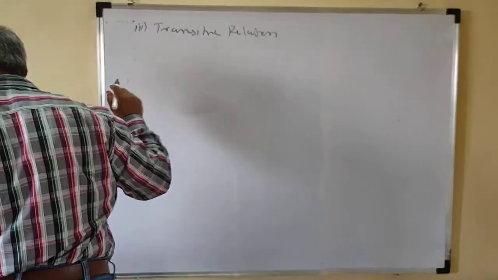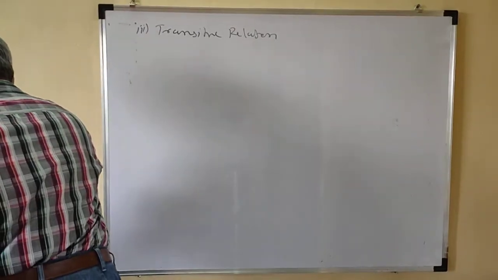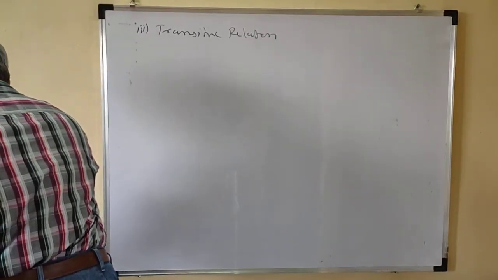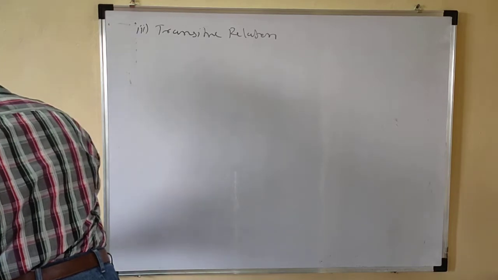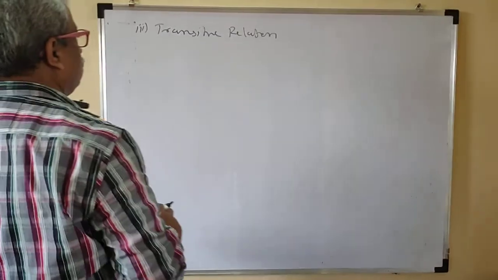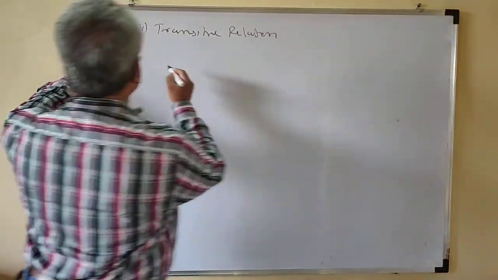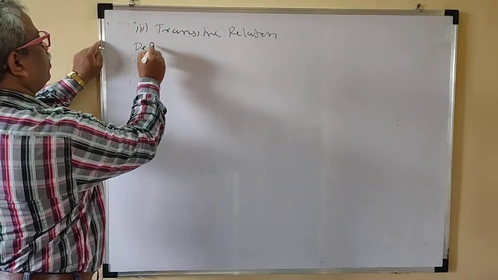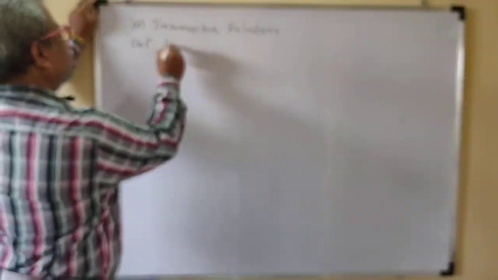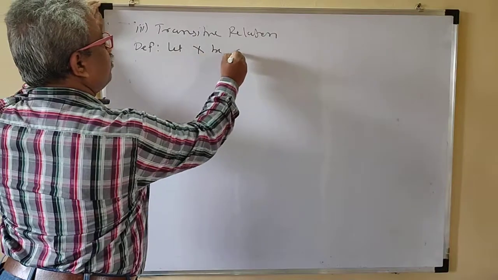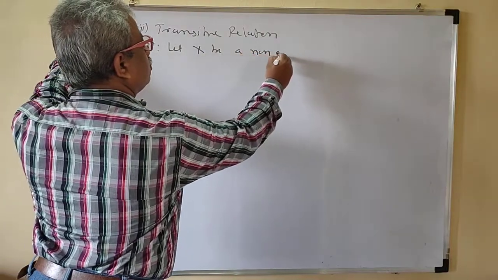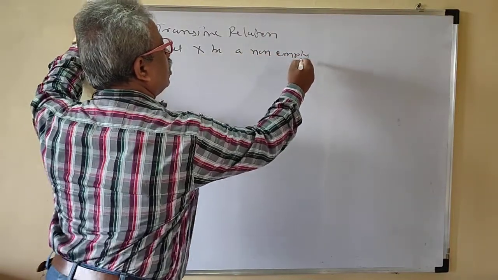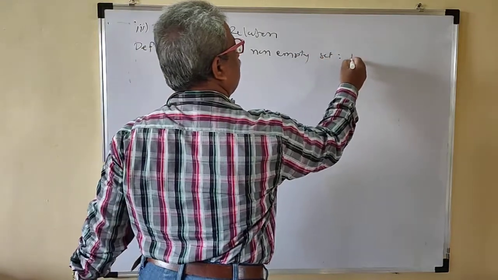Transitive relation. Let X be a non-empty set. We write the definition. Definition: let X be a non-empty set.